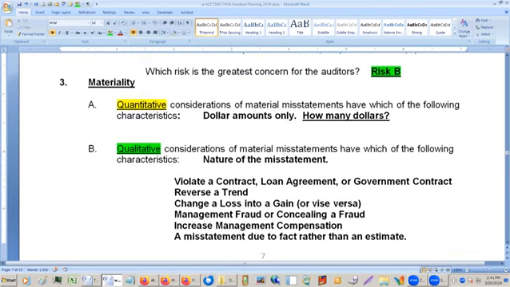Okay, so if it's a misstatement, let's say that it's not material dollar-wise. Let's say it's $10,000, and we say, okay, $10,000 is not material. It could be material if it violates a contract. A loan agreement, government contract. These are all things that could make it material, even if it isn't.